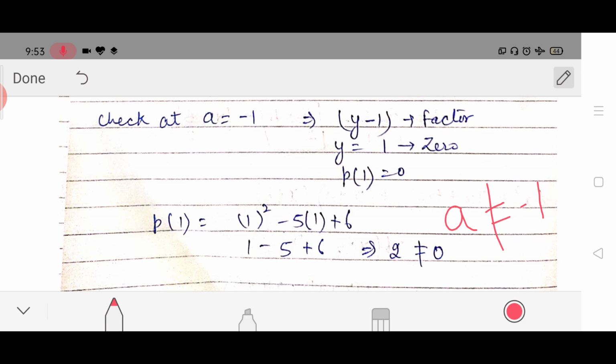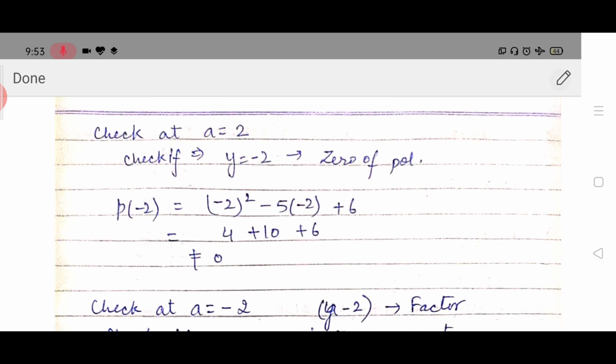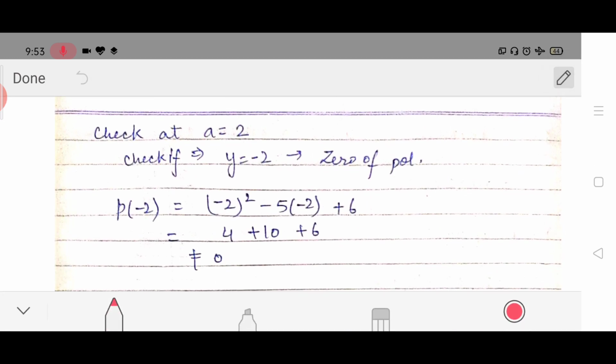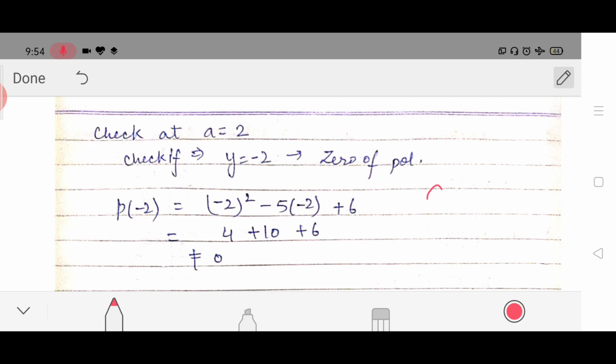Now the third value: check a equal to 2. If a is 2, then y plus 2 is a factor and y equal to minus 2 must be a zero. Checking at y equal to minus 2, the value is again not equal to 0. So a is not equal to 2.